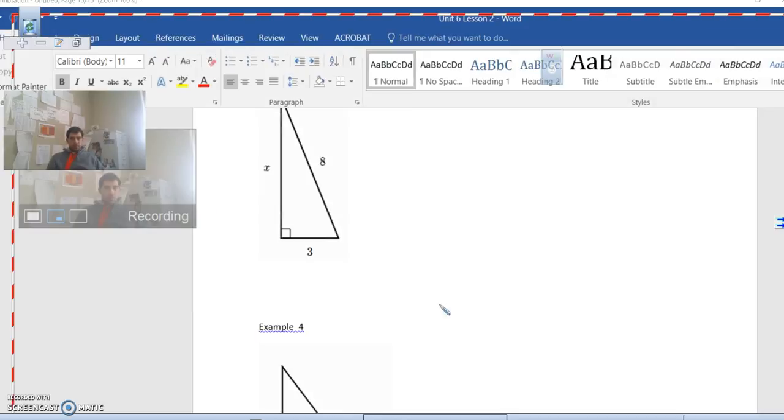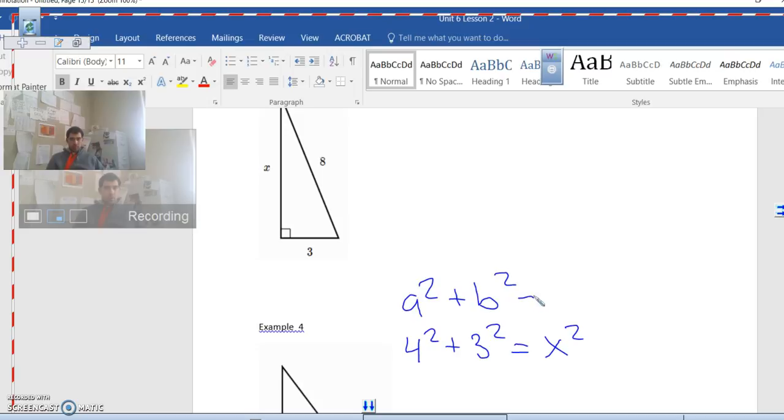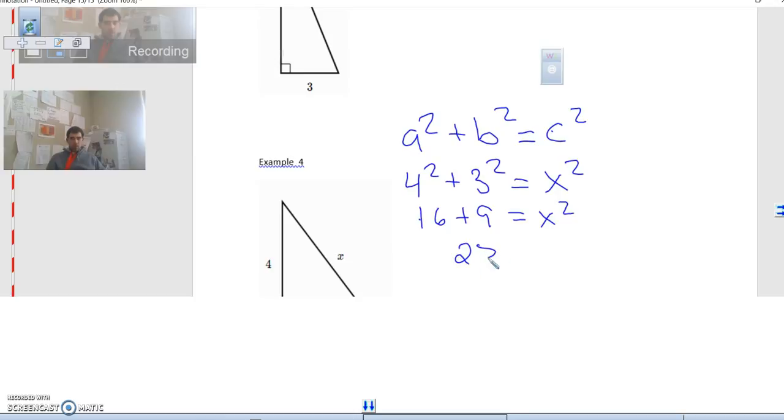So we're going to do 4 squared plus 3 squared equals x squared, because we have A, we have B, the 2 legs. What we're missing is our C, our hypotenuse. So we're going to do 16 plus 9 equals x squared. 16 plus 9 is 25, equals x squared.